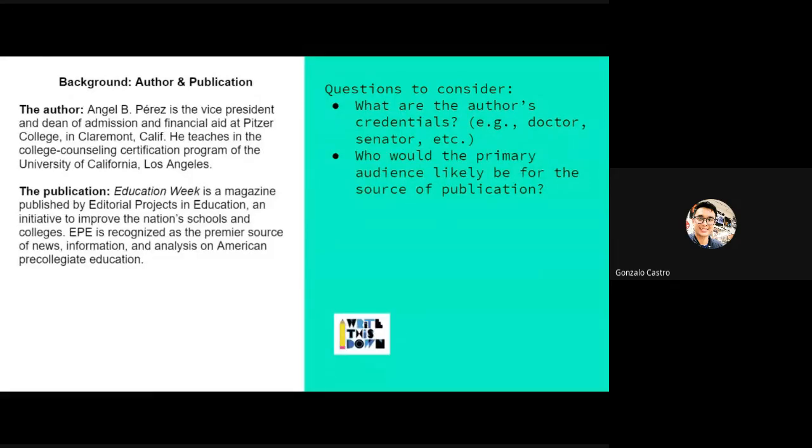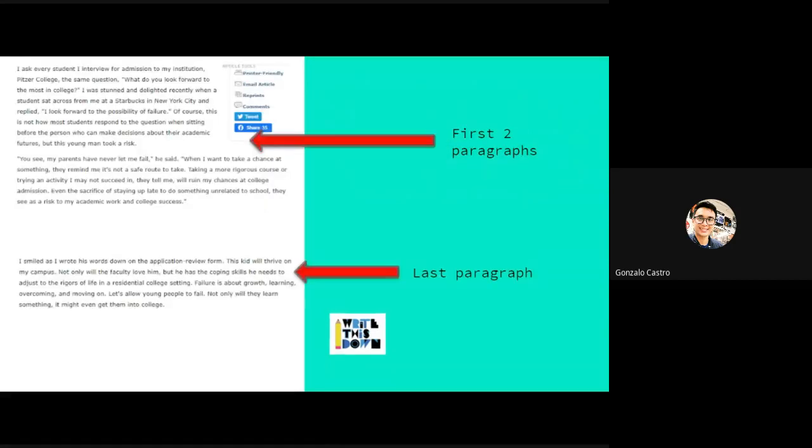And the author's background would help him inform and persuade those educators. Lastly, we want to predict the main claim by looking at the first two paragraphs and the last paragraph.